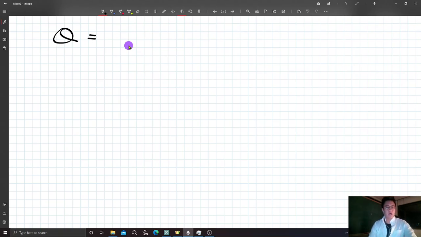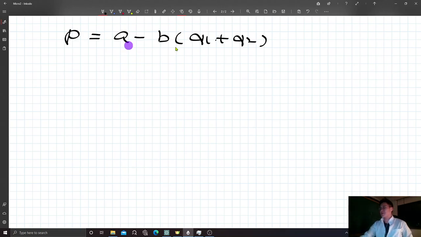Suppose the market price is given by A minus B times Q1 plus Q2. Firm 1 chooses Q1, firm 2 chooses Q2. To find the Nash equilibrium, we first formulate each firm's profit, and from the first-order condition, we can derive each firm's best response.